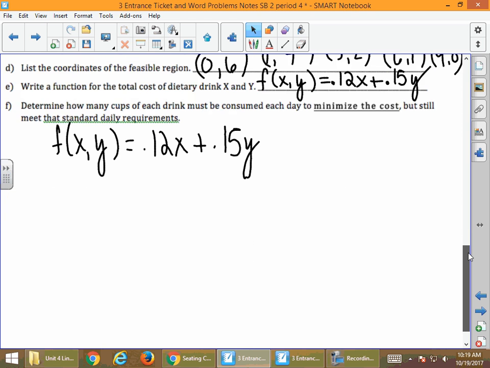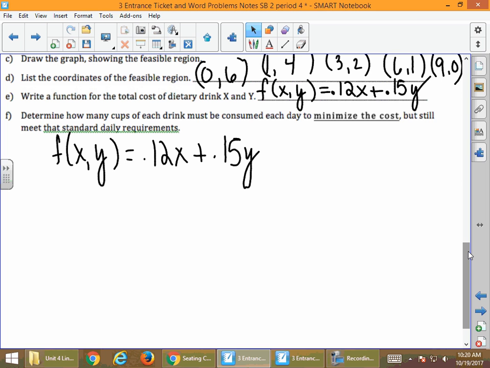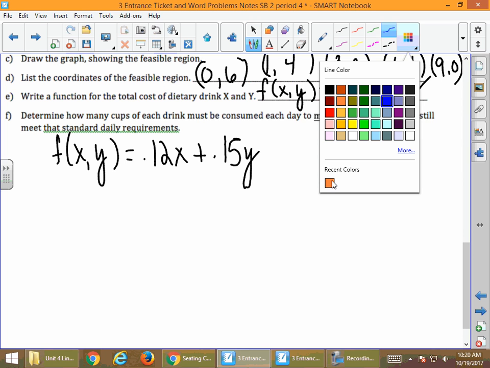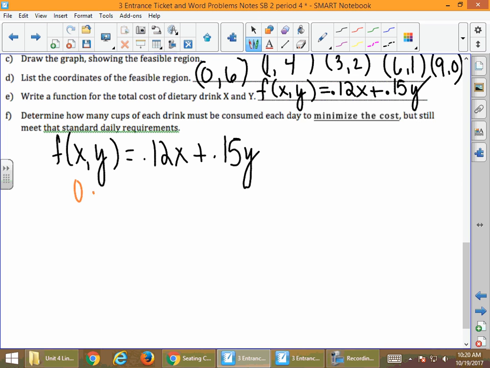The first value that we're going to put back in there is (0, 6). So 0 is going to go back in for x, and 6 is going to go back in for y. And when we type that in our calculator, we get 0.9. If you prefer, 0.90.